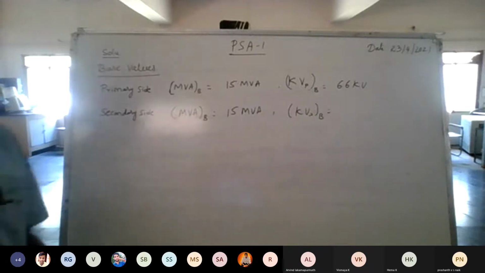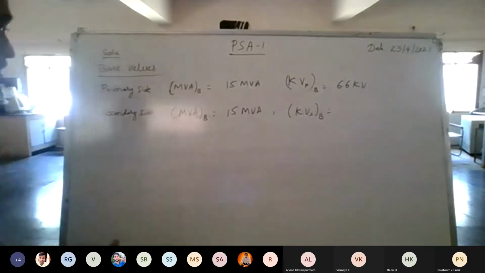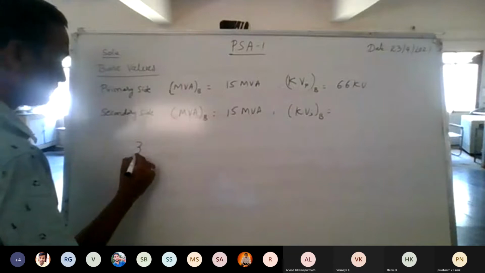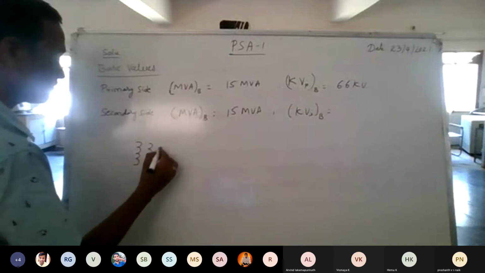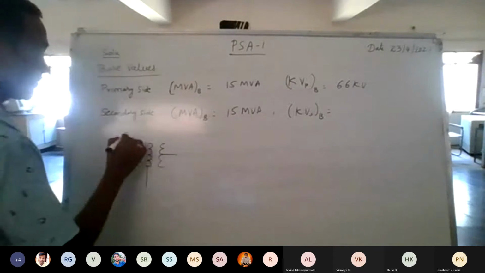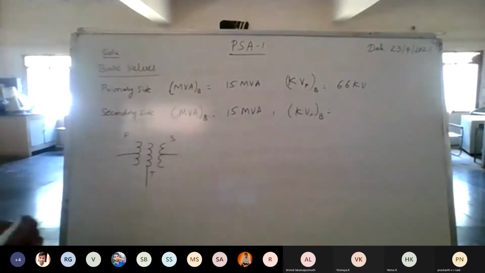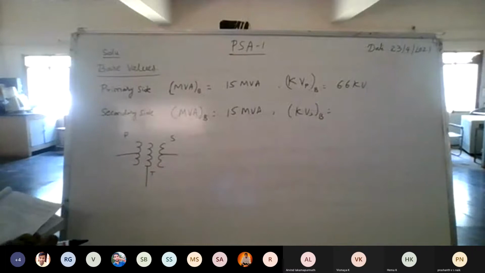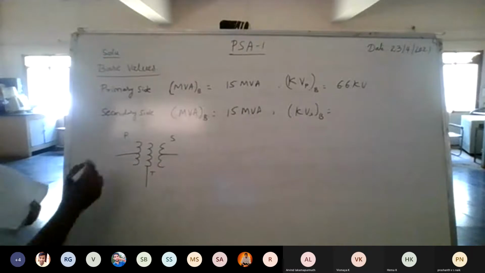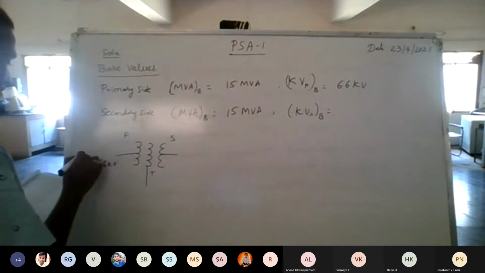So suppose your transformer is like this: primary, secondary, and tertiary. The primary voltage is given, 6.6 kV, 15 MVA.